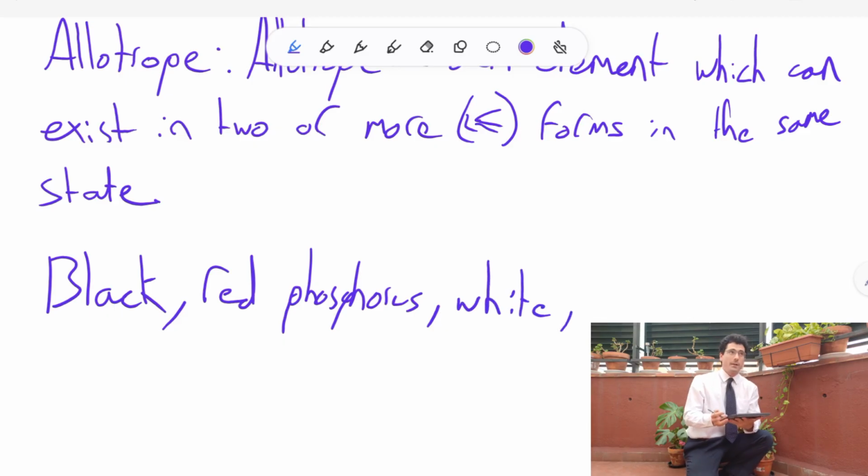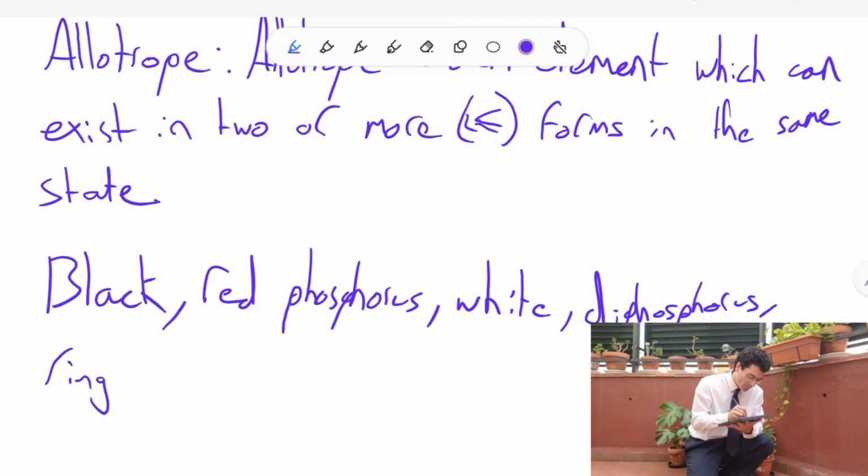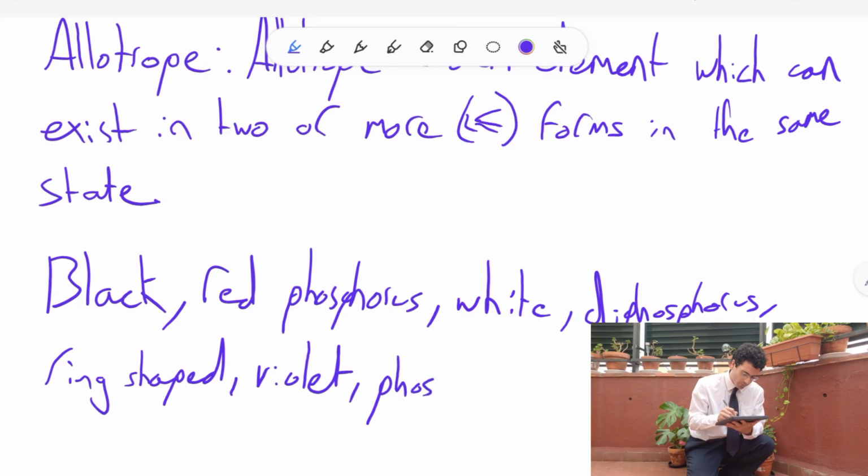We also have diphosphorus, we also have ring-shaped phosphorus, then we have violet phosphorus, and we have phosphorus nanorods.